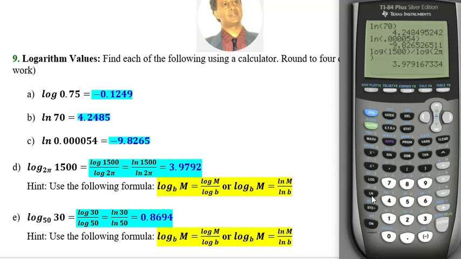Also, you can do natural log of 1500 divided by natural log of 2 pi, and that is also 3.9792.